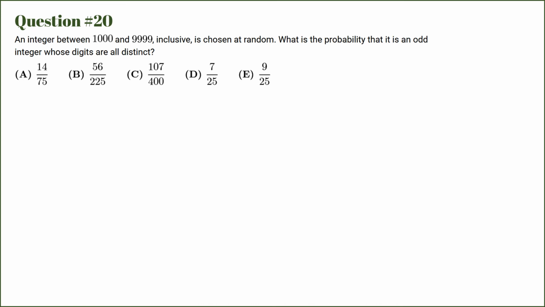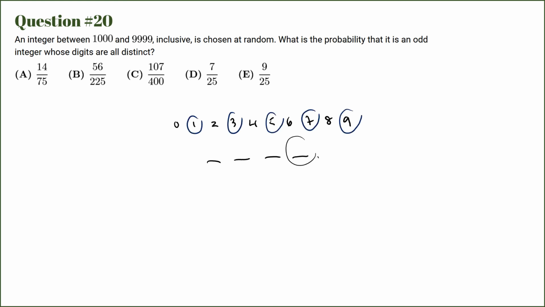Okay, let's write out the possible digits. That would be 0, 1, 2, 3, 4, 5, 6, 7, 8, 9. Let's think about the last digit first, this one. So for that digit, we have 1, 2, 3, 4, 5 choices, because it cannot be even, that would make it an even integer.